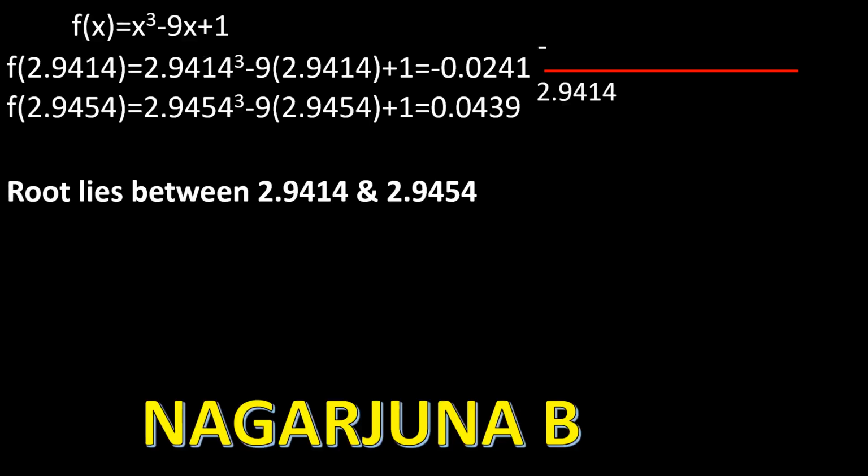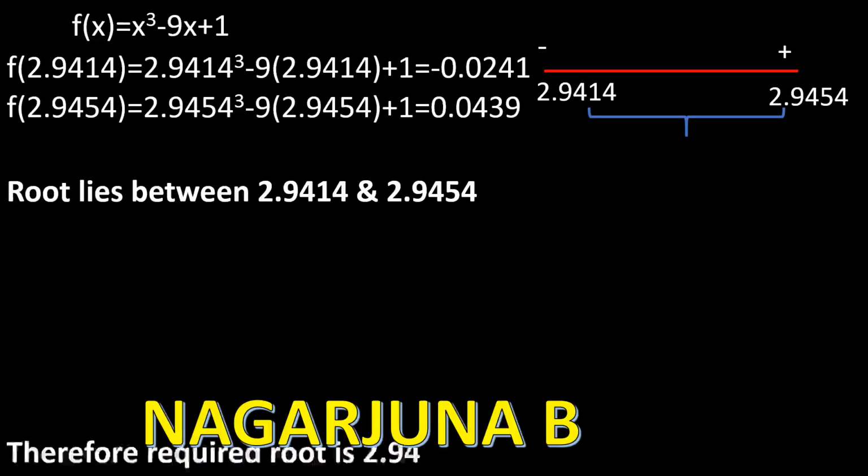And for 2.9454, when we substitute in f of x, you get 0.0439, which is positive. Therefore, the root lies between 2.9414 and 2.9454. Now you can observe up to 2 decimal places, that is after the decimal point 94 and 94 are the same. So at this point you can stop and write.